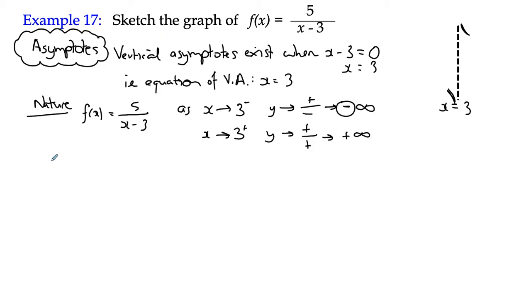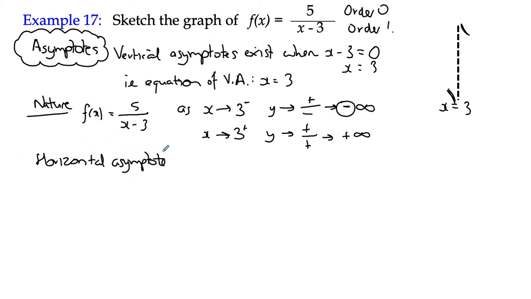Okay. What about the non-vertical asymptote? Well, we know that because of the nature of it, the order here is effectively order 0 on the top and an order of 1 on the bottom, so there's going to be a horizontal asymptote. So we can write down horizontal asymptote.